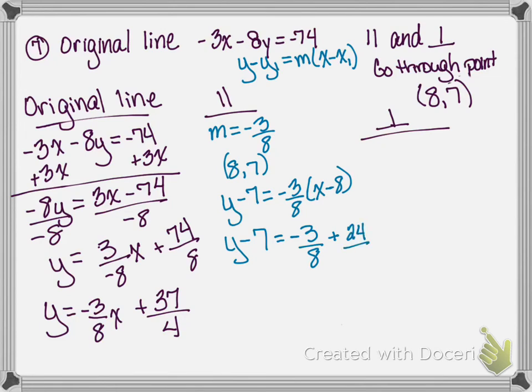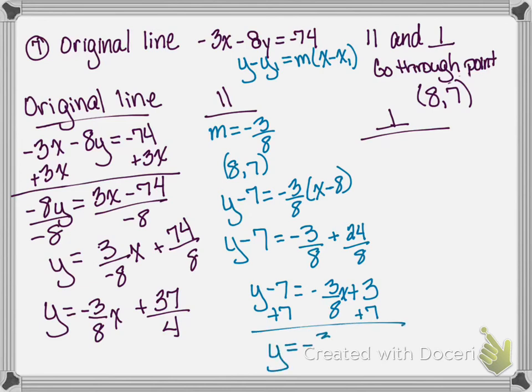And then 24 divided by 8 is what? 3. Good. Okay. Now I add 7 to both sides. So I've got y equals negative 3/8 x plus 10. Okay, and that is my line that's parallel.